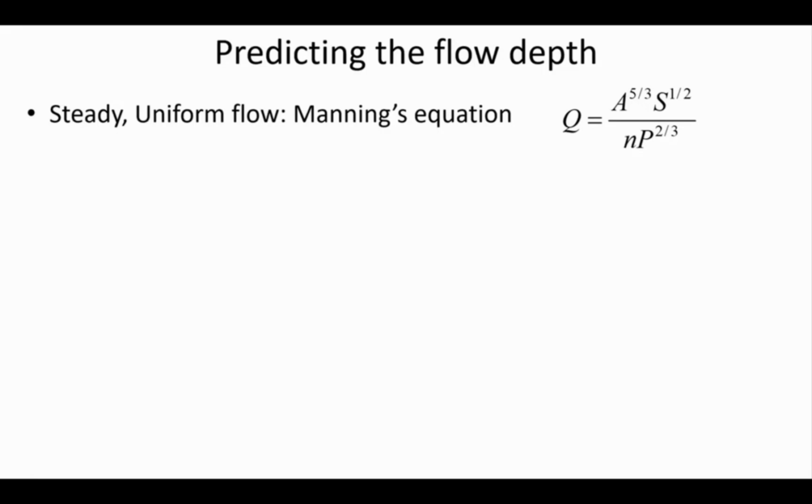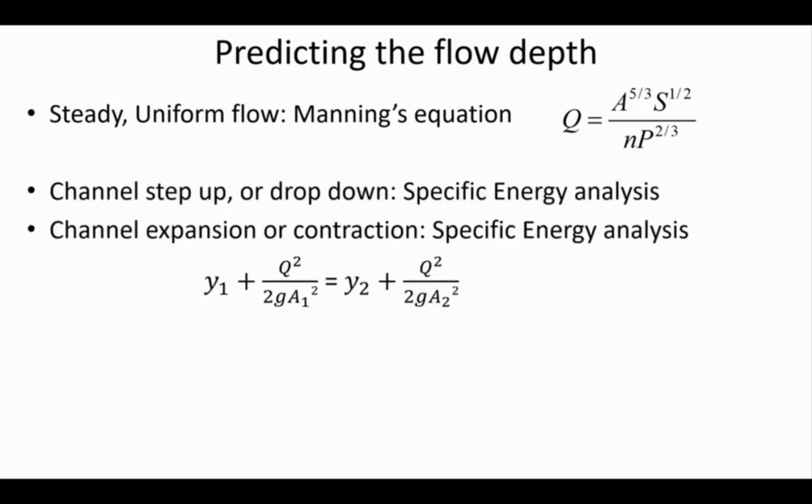It's an empirical method that's used to describe conditions if there's nothing interrupting the flow. We have a prismatic channel, the slope is constant, it achieves uniformity because there's no change in the flow over time. Sometimes that applies and other times it doesn't, but that's where we began.